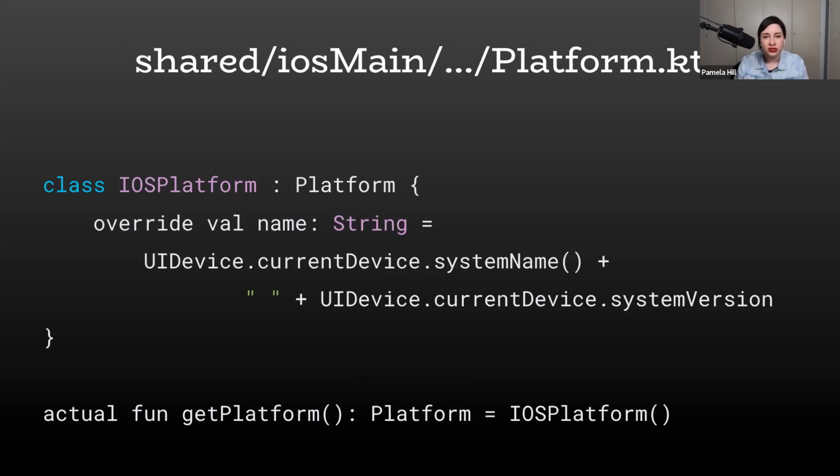And here we are using iOS-specific classes, functions, and properties to get the system name and system version. I did run this on my iPhone 11 emulator, and it gave me a value of iOS 15.5 back. There's also another function, getPlatform, that returns iOS platform and has that keyword actual in front of it. And it sort of wires everything together.